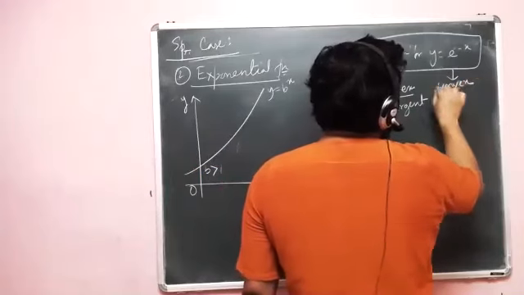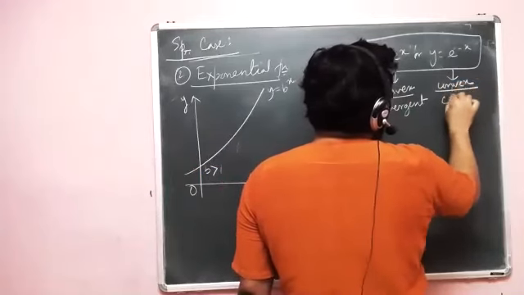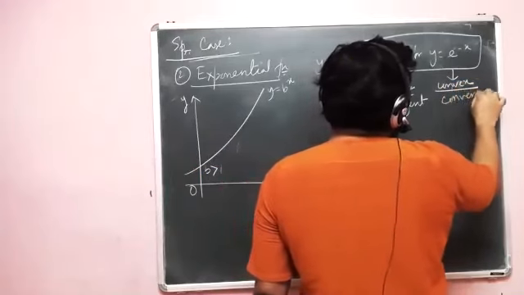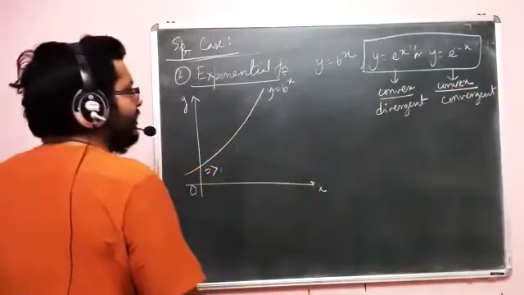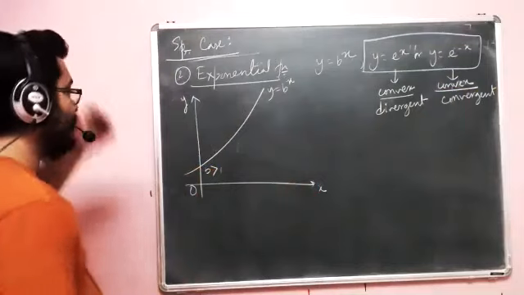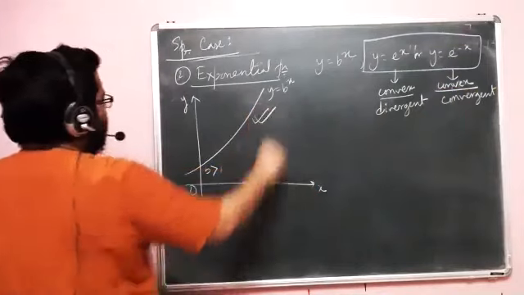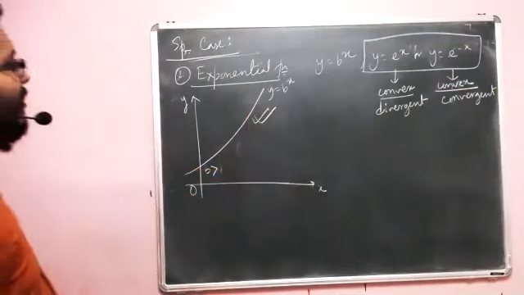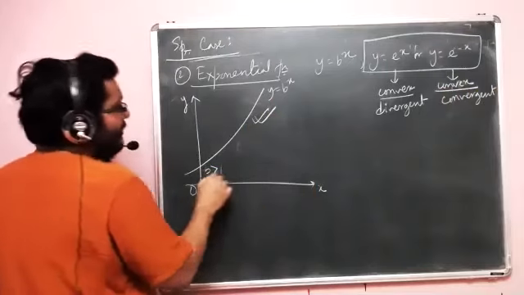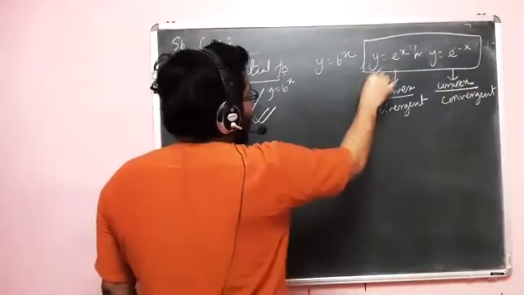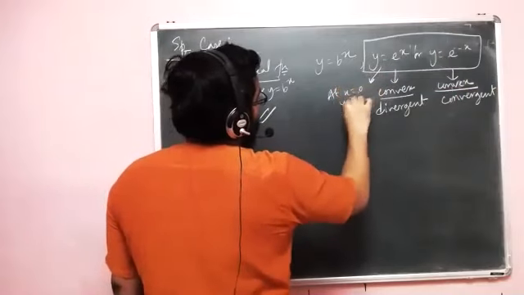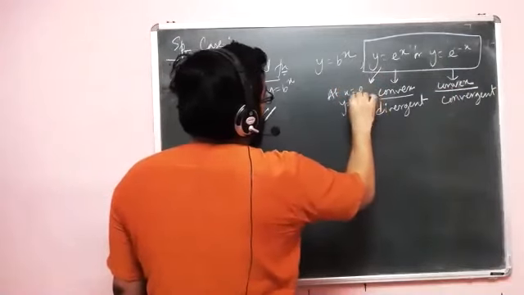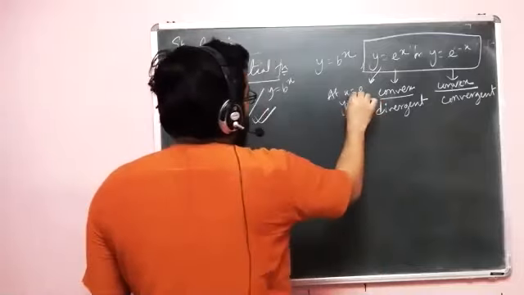It's basically symmetrically opposite, so we call it convergent. So how do they both look? The divergent e to the power x will look like this. Obviously, at x equal to 0, y equal to 1.